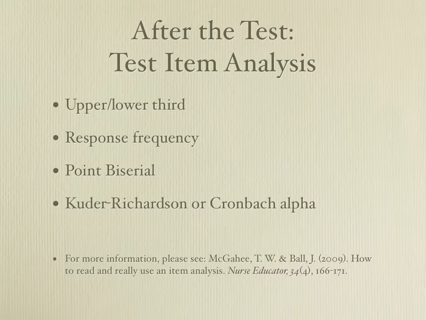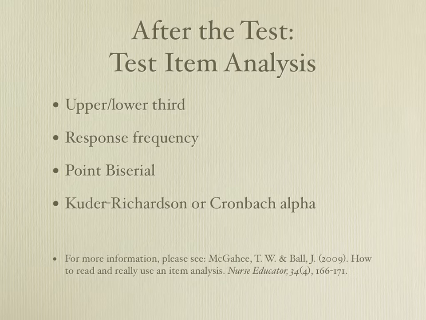Now you have the Kuder-Richardson 20 or the Cronbach Alpha, and primarily in testing you're going to use the Kuder-Richardson 20 or the KR value. We're going to call it the KR, and it can range from 0 to 1.